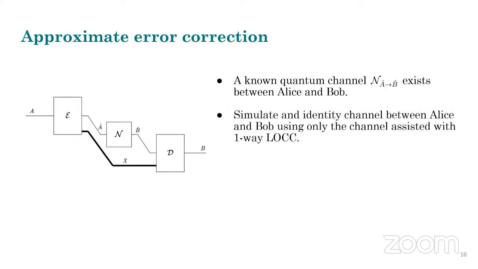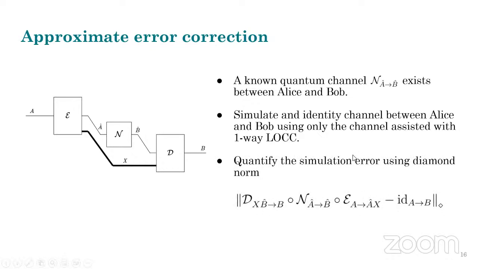So it's the same case. We can only use one-way LOCC channels, and we again want to quantify the simulation error using the diamond norm. So the final diamond norm looks something like this, and D and E are the ones that we need to optimize over to find out the minimum simulation error.